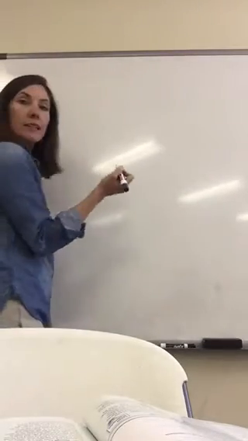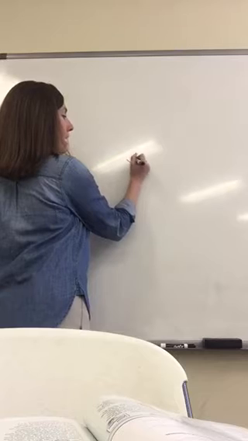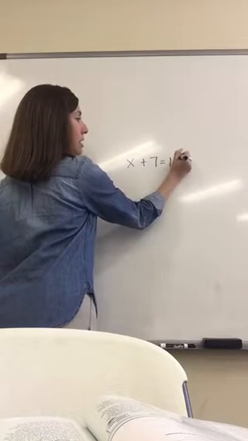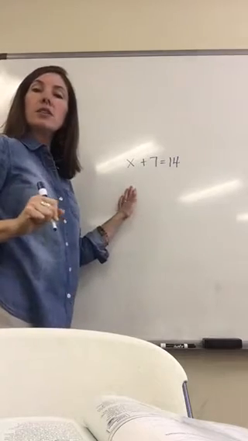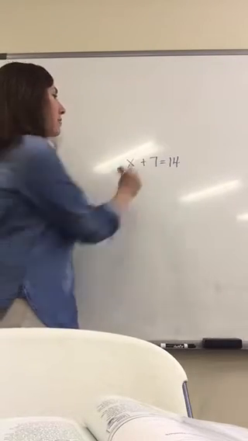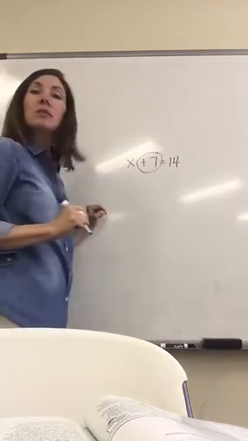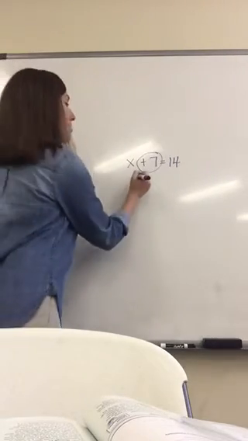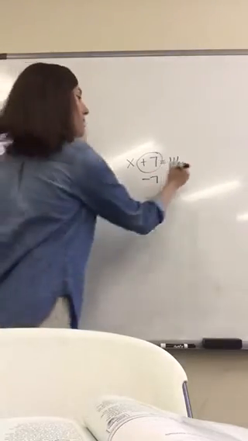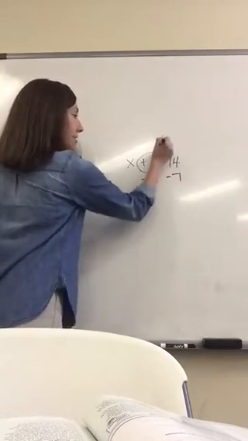So let me do a quick example of what they're talking about. X plus 7 equals 14. We would start solving this equation by getting x alone. So we're going to do the opposite of what's done right here, and that means we're going to subtract 7. So now it's -7, but whatever we do to one side of the equation, we must do to the other, so we do it on both sides. This crosses out.